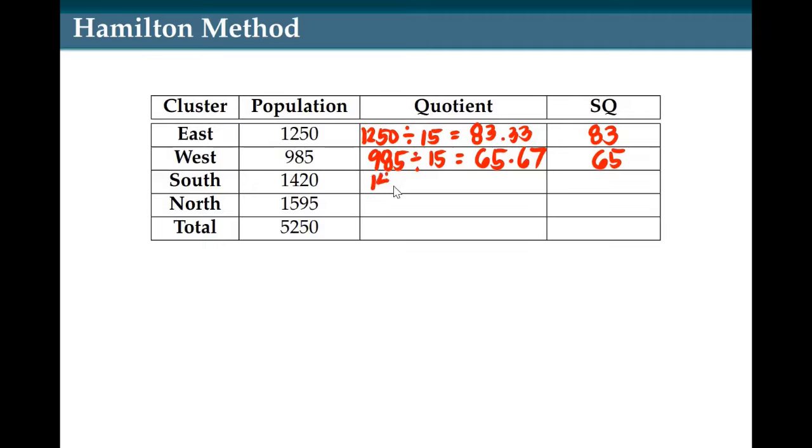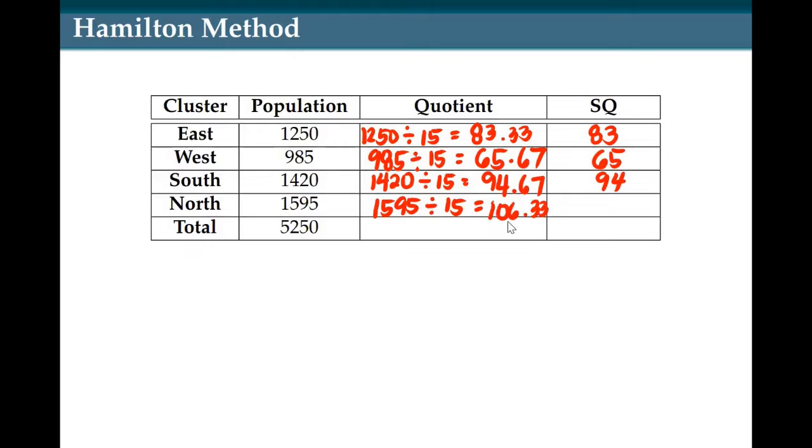Next, we have 1,420 divided by 15, that is equal to 94.67. Again, round down to a whole number, and we have 94. For the next and the last cluster, we have 1,595 divided by 15, and that is equal to 106.33.